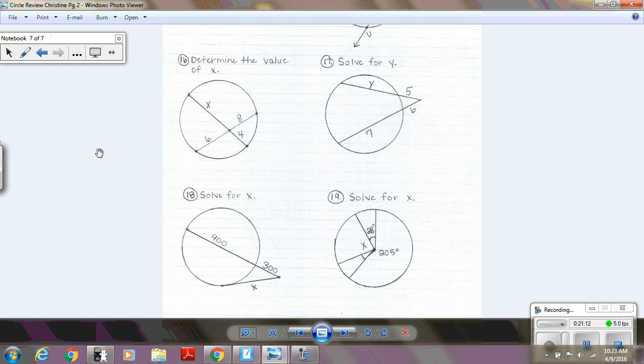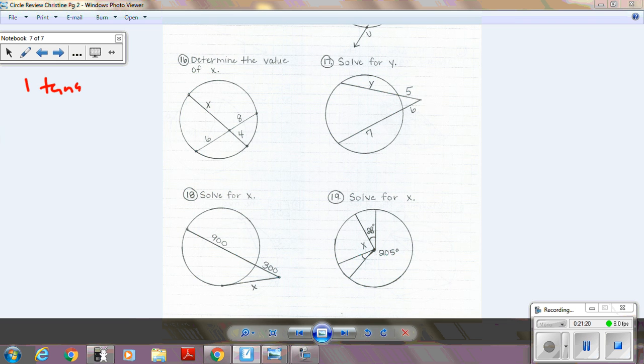All right, on the next problem, it wants us to solve for x, and this one we see one tangent and one secant. So in this case, it's tangent squared equals the outside of the secant times the whole secant.